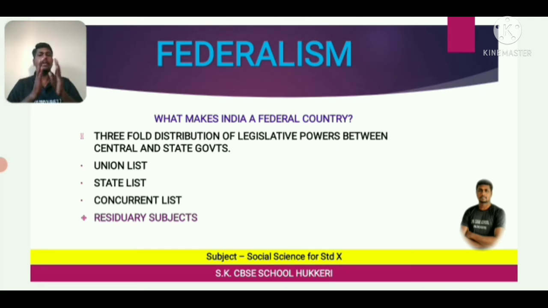And over residuary subjects, the central government, the union government, has power to make laws. So these are the three lists and residuary subjects. This is the threefold distribution of legislative powers between central and state governments.